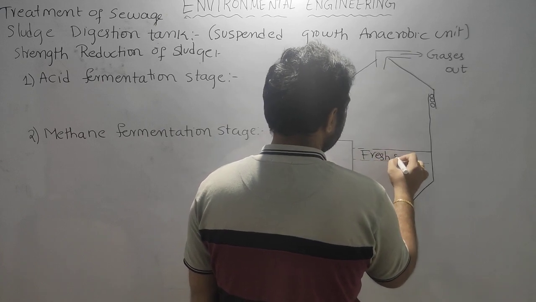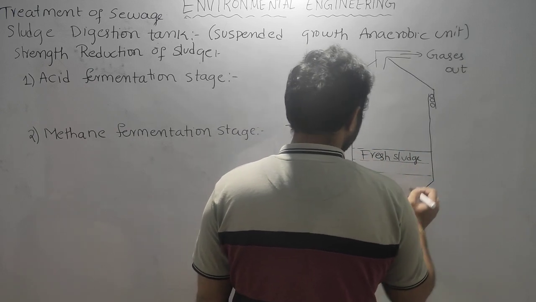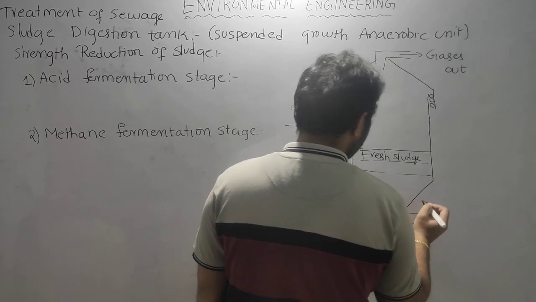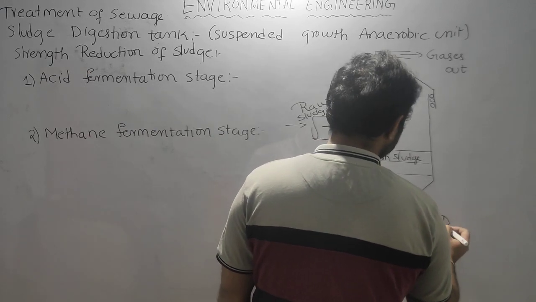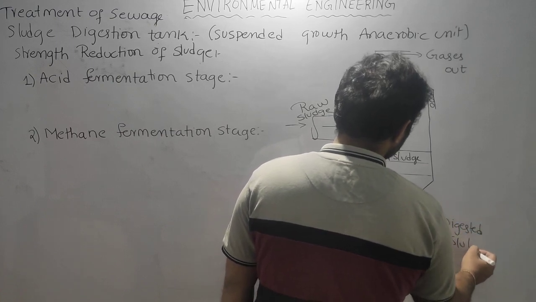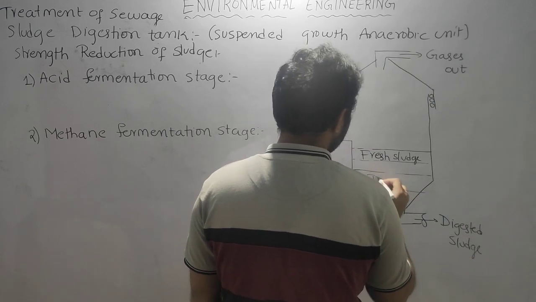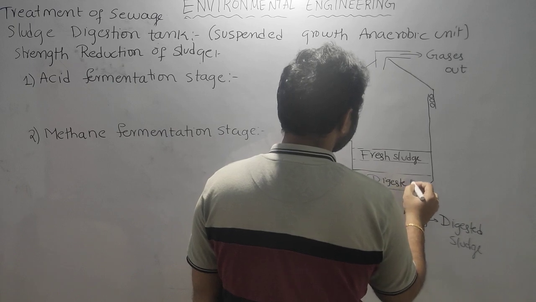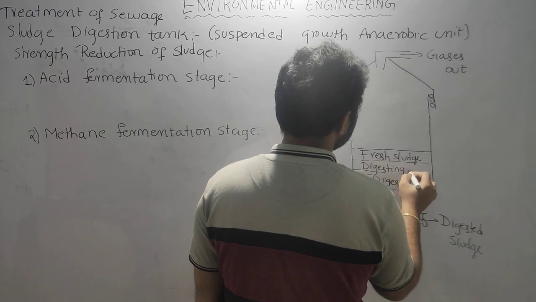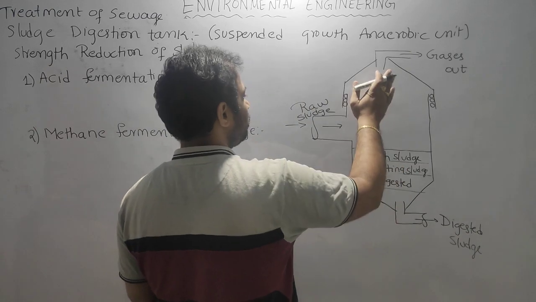Whenever it is digesting, it will come down, because at the same time we are removing the digested sludge from here. So this is digested sludge, this is digesting sludge, this is solid out, and this is gas.